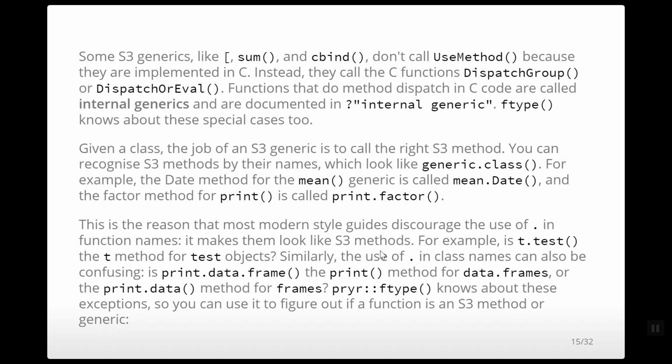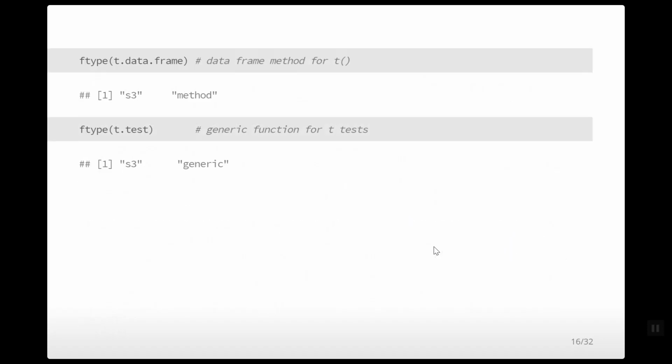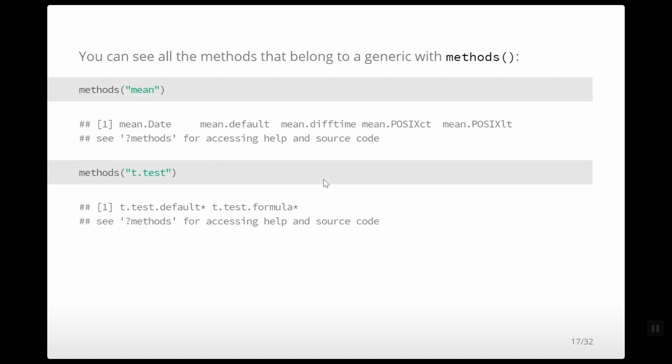But anyway, that's why most style guides would discourage the use of dots in function names. So t.data.frame is the method for t, whereas t.test is the generic function for t-tests.